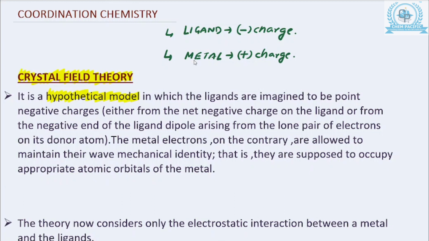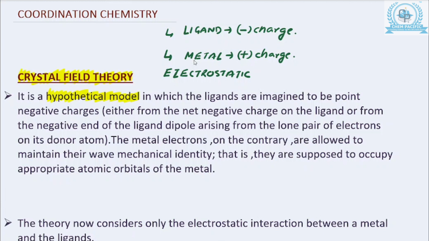Since there is introduction of the charge, therefore there must be electrostatic force of attraction as well as repulsion. Attraction between the positive and the negative charge, and repulsion between two negative charges.